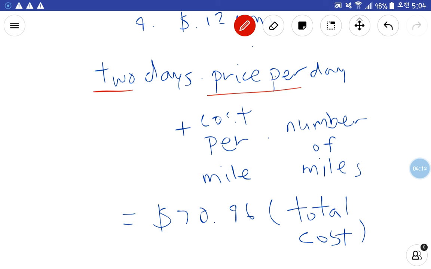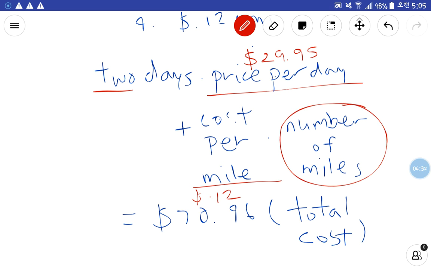Price per day, I already know: $29.95. Cost per mile, I know, which is 12 cents. Number of miles, I don't know, so I'm going to replace it with a letter M. That's what we're looking for right now.